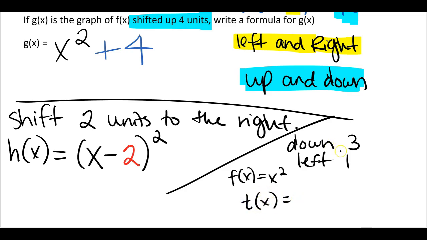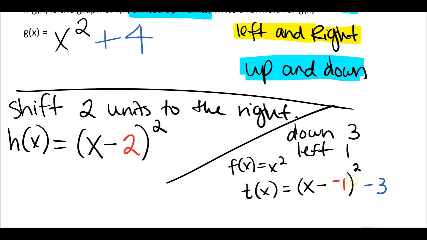If we're going to go to the left 1, that's x minus negative 1, because left 1 goes to the negatives, squared, and then if it goes down 3, we're going to say minus 3. But we don't ever want to have minus a negative, so the final function, I'm calling it t of x, would be x plus 1 squared minus 3.